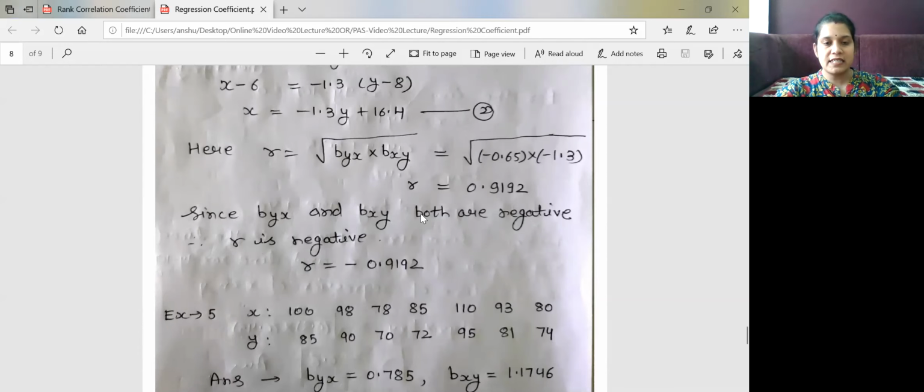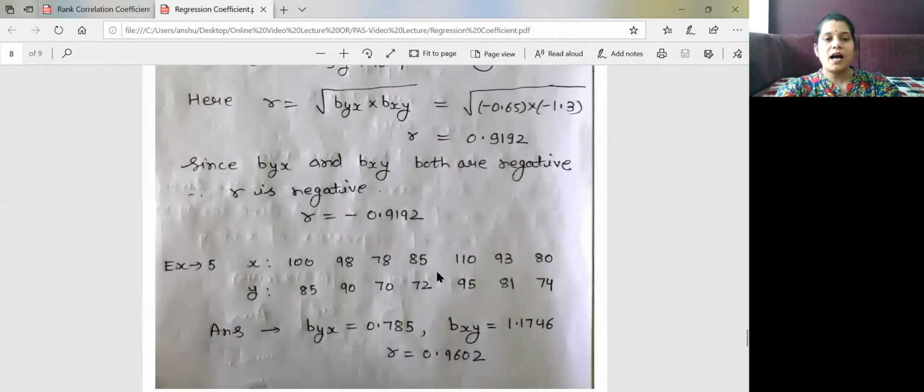That means if both the regression coefficients have a negative sign, then we write a minus sign in our correlation coefficient. So here we get the value of r is equal to plus 0.9192, but according to our property we write r is equal to minus 0.9192. So this is our final answer.